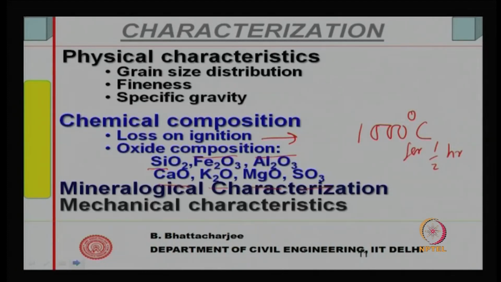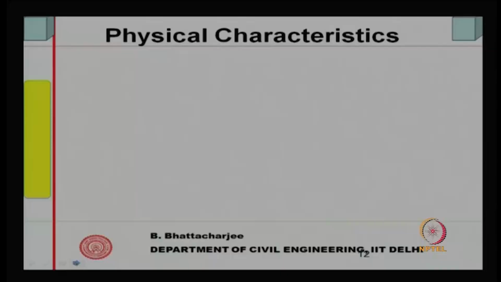Then of course, mechanical characteristics, which are most important, such as how much strength potential they have with cement, let us say, or with lime. We will look into some of them.